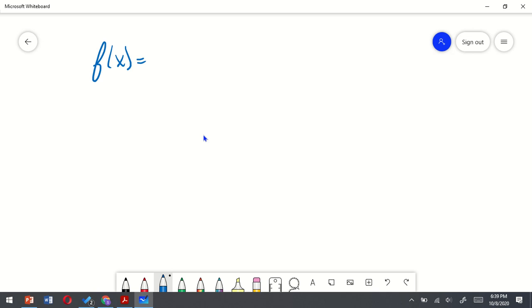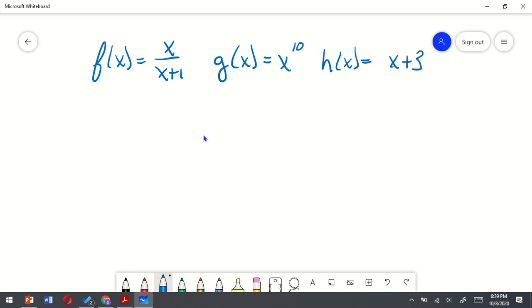So f of x equals x over x plus 1, g of x is x to the 10th, and h of x is x plus 3. So you can compose things with more than two factors, composition factors, I suppose is what they'd be called. So f of g of h of x.